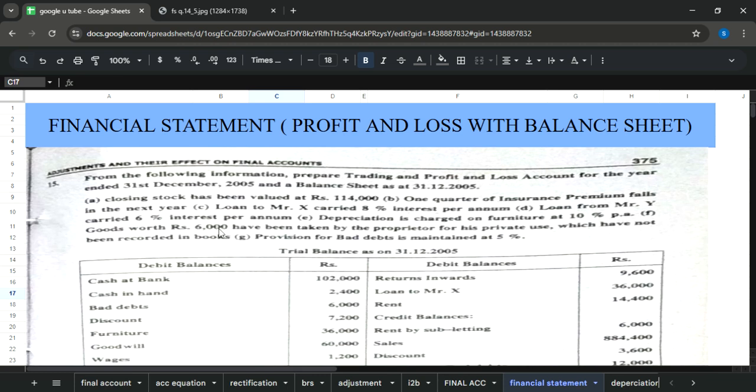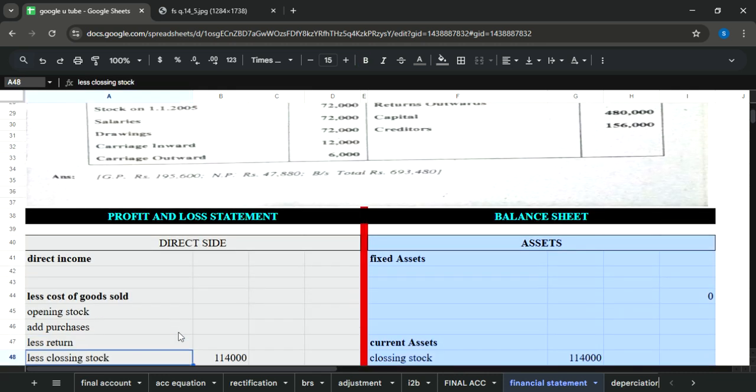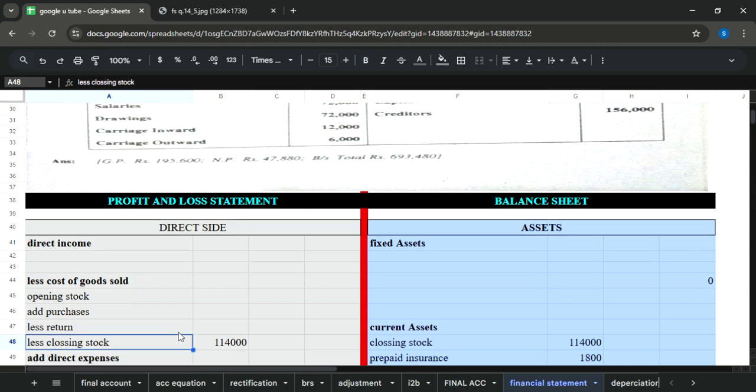After depreciation we have our next adjustment. Goods worth rupees 6,000 have been taken by the proprietor for private use. This is your drawing, and entry for drawing is drawings to purchase. It means goods have been taken out. So first effect, goods are decreasing. You will go to cost of goods sold statement, and here we will see if returns are present or not.